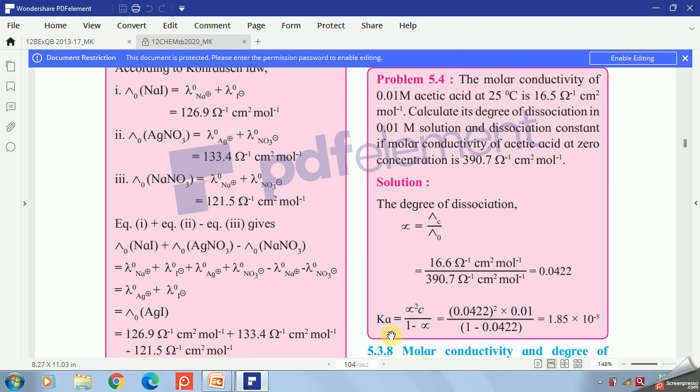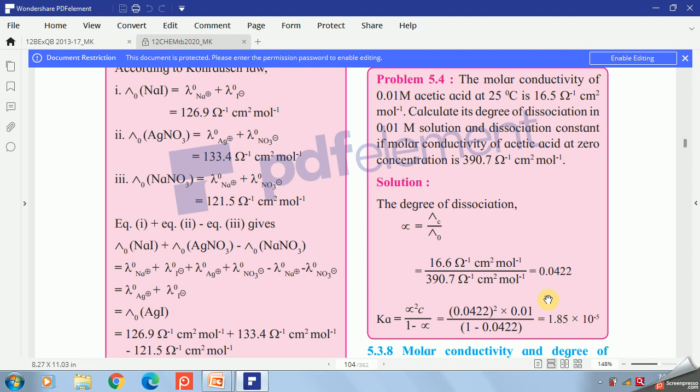It is an acid, so Ka, and the formula according to the law of mass action is alpha square C divided by 1 minus alpha, where alpha is the degree of dissociation. Substitute the value as it is. Don't round up. Many students have a tendency to round up the value and then substitute.